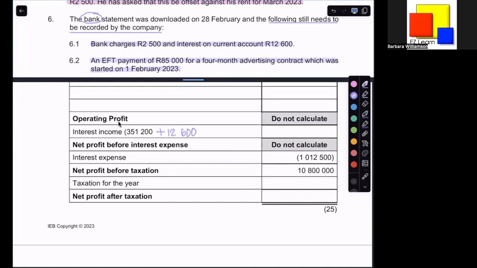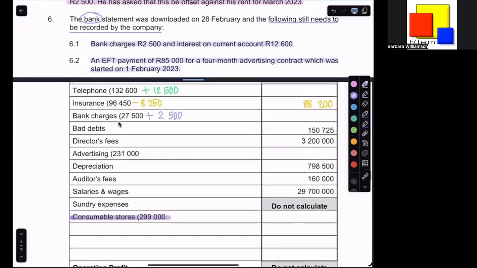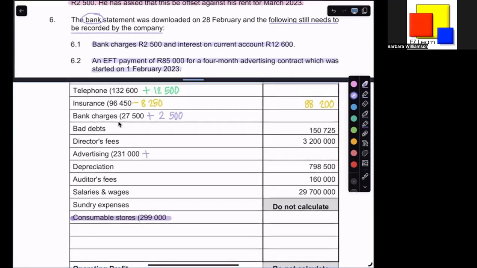So we're going to go to our advertising and we'll say plus 85,000 times 1 month out of the 4 that were paid, which will give me 21,250. The other account involved for that one, obviously, is also bank.